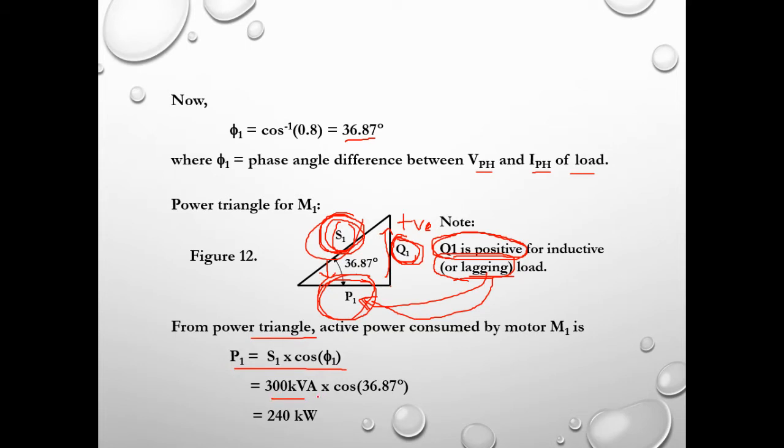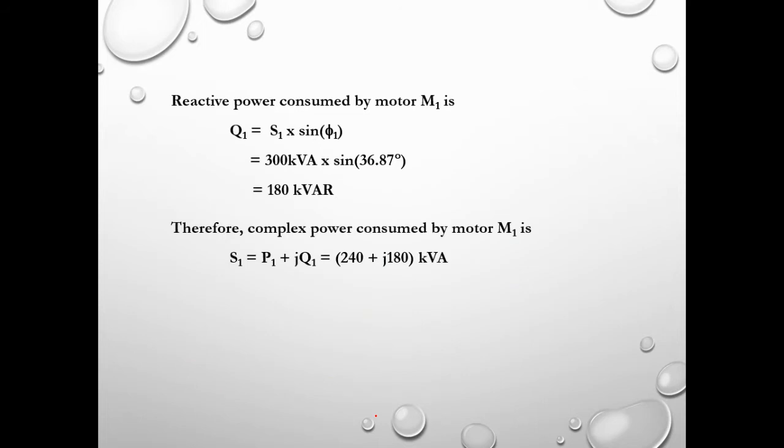So 300 kVA times cos 36.87, the power factor. Here is the value. Into this equation, P1 finally gives us 240 kilowatt.